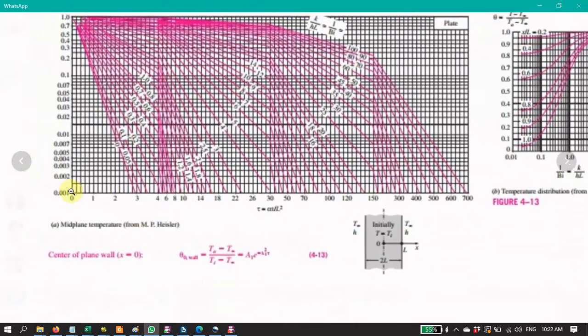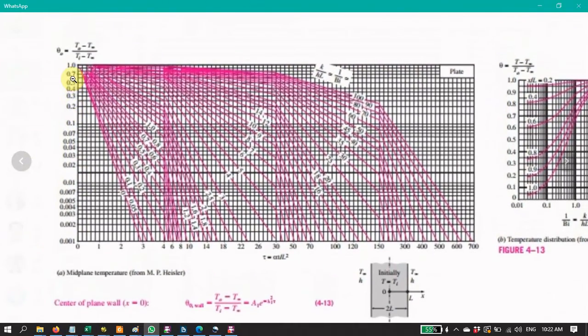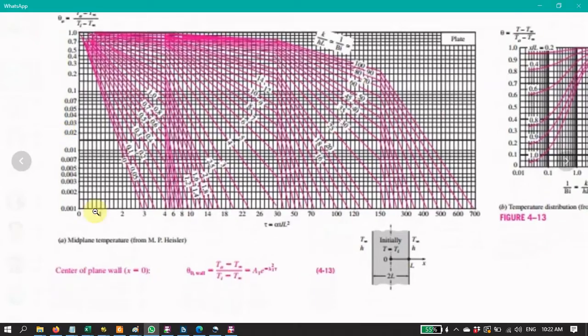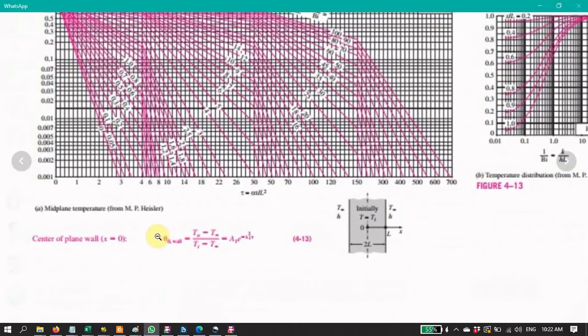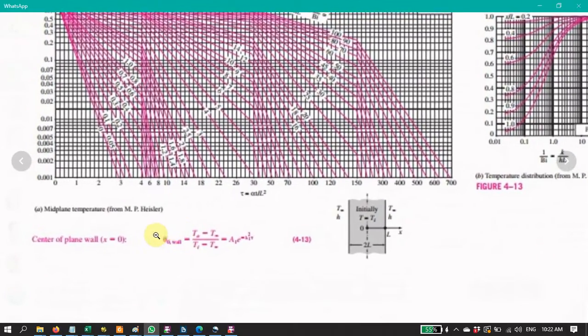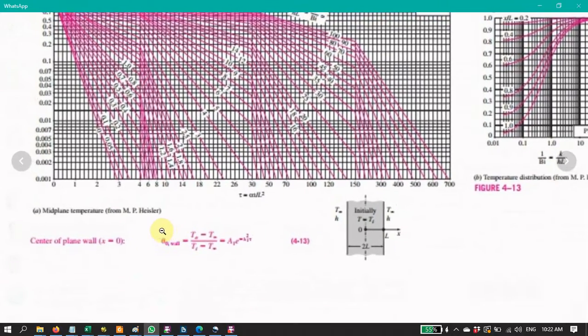But this Heisler chart cannot be used to determine all locations inside the heat transfer system.